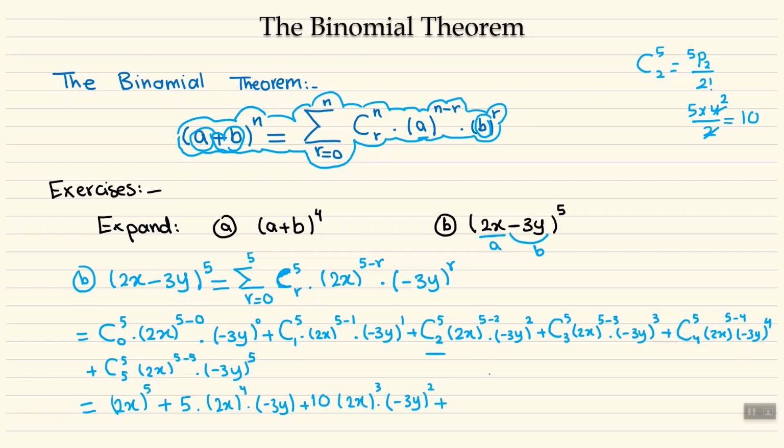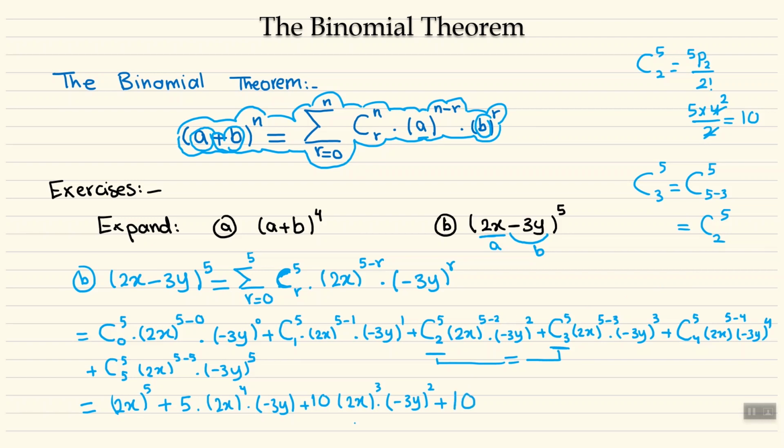Plus combination 5, 3. Combination 5, 3 is actually equal to combination 5, 2. Why? Because of the reduction formula. Combination 5, 3 equals combination 5, and here 5 minus 3, and 5 minus 3 is going to be 2. So they're equal to each other. So combination 5, 3, you don't have to solve it again.